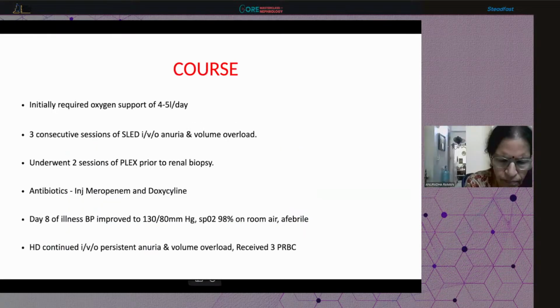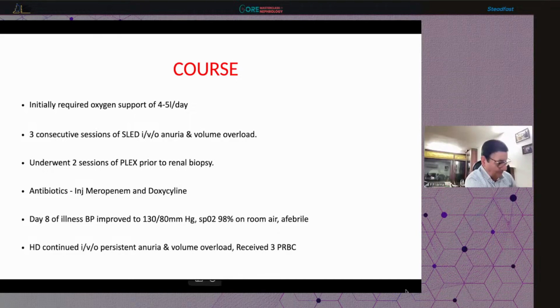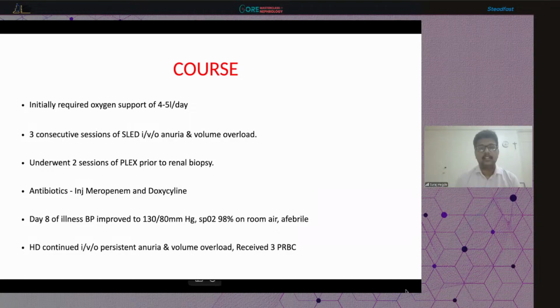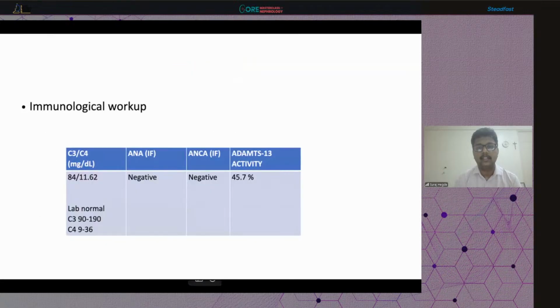What is the diagnosis now? So TTP is kind of ruled out, sir, since the ADAMTS13 activity is 45.7%; usually less than 10% is suggestive of TTP. And C3 being on the lower side, complement mediated HUS can be considered.